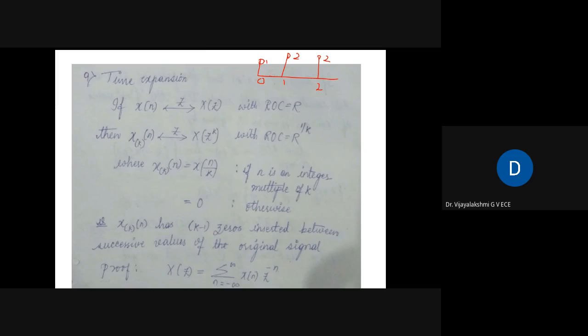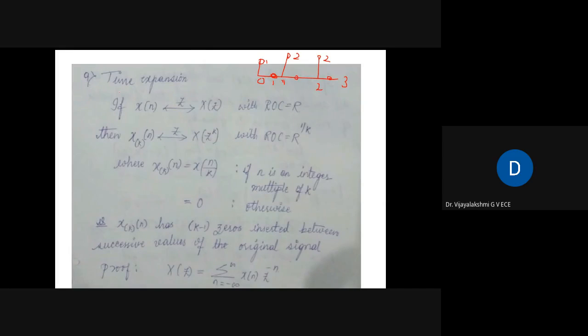So when I insert a 0, this will be at 1 and this will become at 2. So the number of samples is being expanded. Now the length of the sequence will become 3. That's how we will expand the signal.